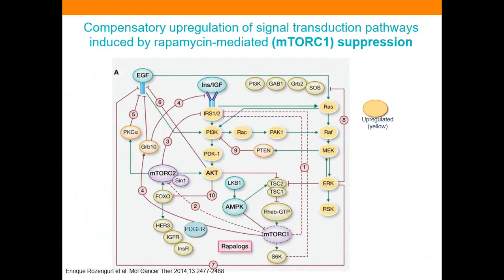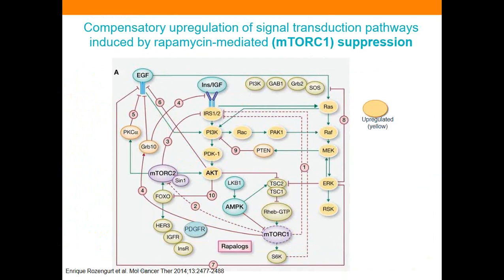the ovals that are now in yellow, starting with the insulin receptor substrate 1, are now activated. So even though we're knocking out mTOR1, because of IRS1 and 2, we're activating PI3 kinase, we're activating RAF-MEK, we're activating AKT.